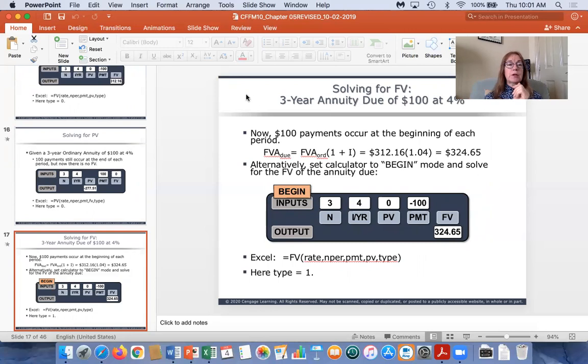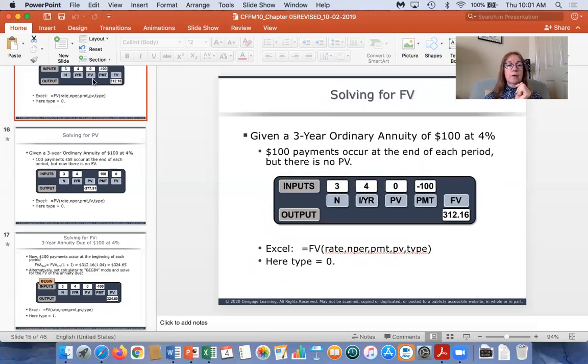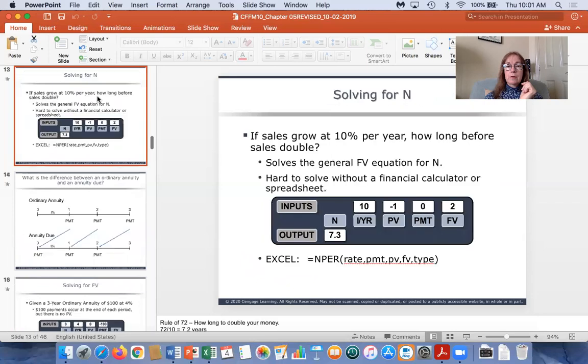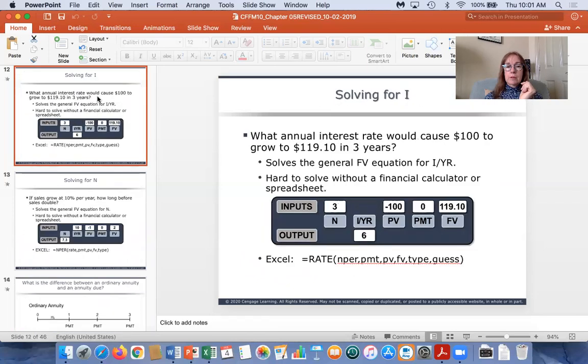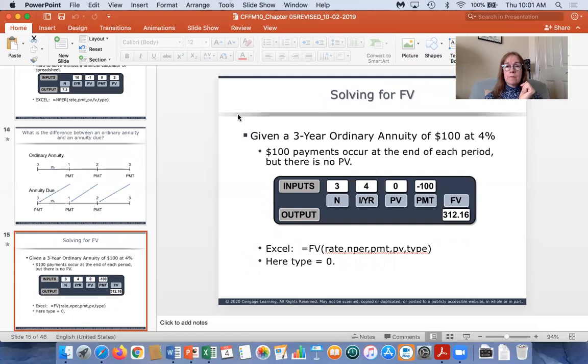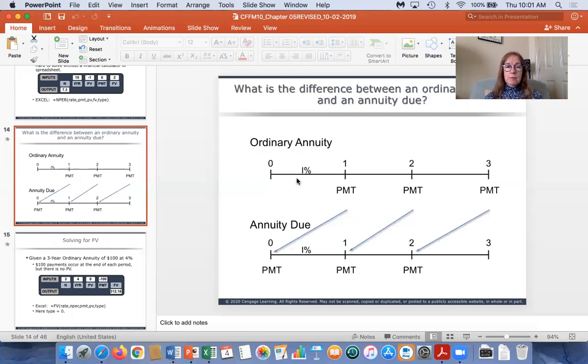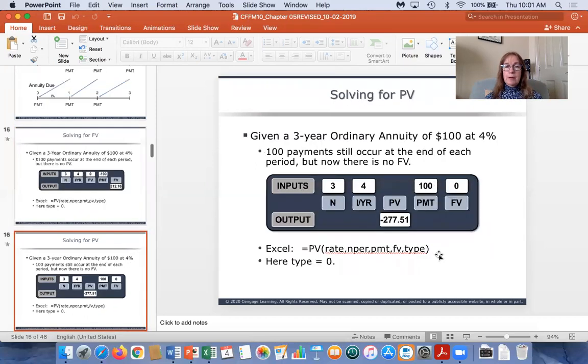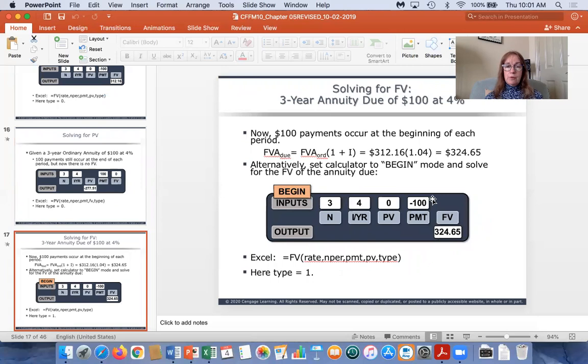So you could take this answer, multiply that by 1.04, and that would give you the future value of an annuity due. Because instead of putting the $100 in at the end of each year, you're putting it in at the beginning of each year, so you have one extra period of compounding. So let's go back to the annuity due future value.